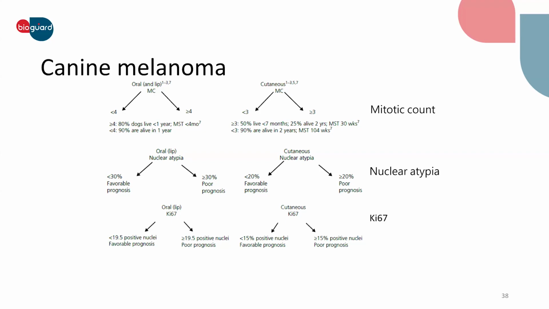A mitotic count of more than 4 carries a poor prognosis. 80% of dogs die within 1 year, and the median survival time is less than 4 months. More than 30% atypical nuclei is associated with poor prognosis. More than 19.5 Ki-67 positive nuclei is associated with poor prognosis.